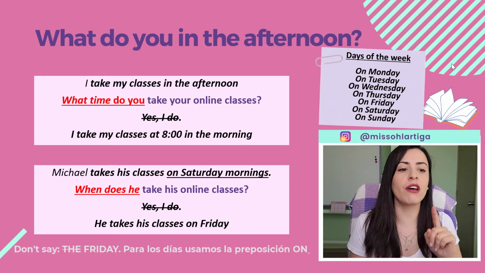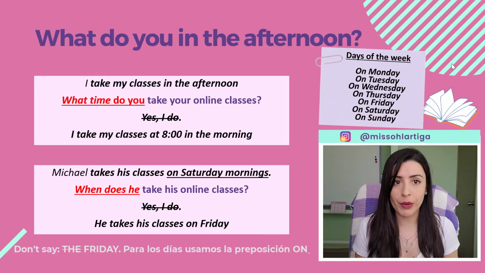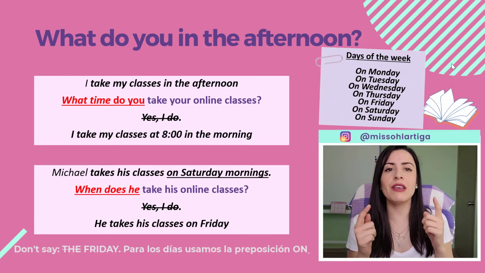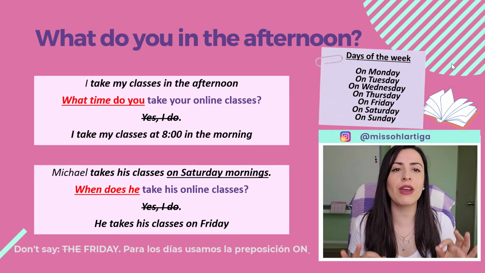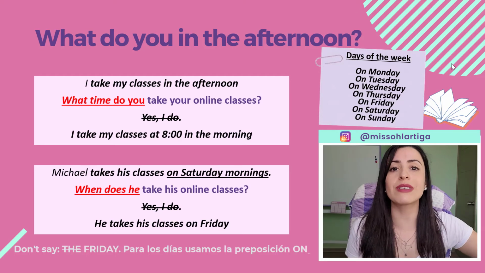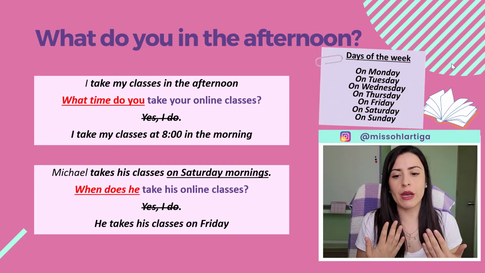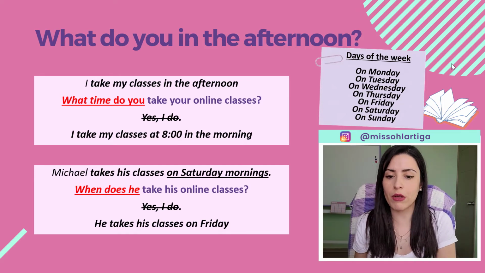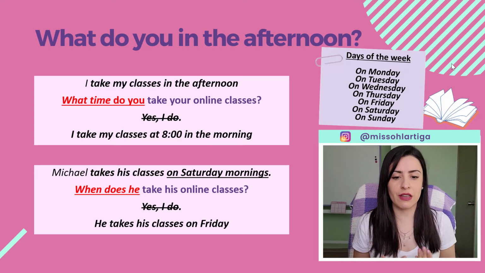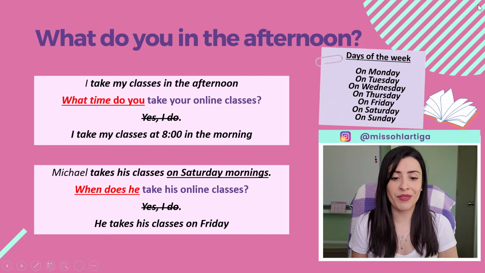Do not say the Monday. That's incorrect. You should use the preposition on, okay? This is quite different than what we use in Spanish, but please take notes of this because this is a very, very common mistake when it comes to talking about days. So, for example, you might say something about a third person, for example, about Michael. Michael takes his classes on Saturday mornings. That's a very good one, okay?